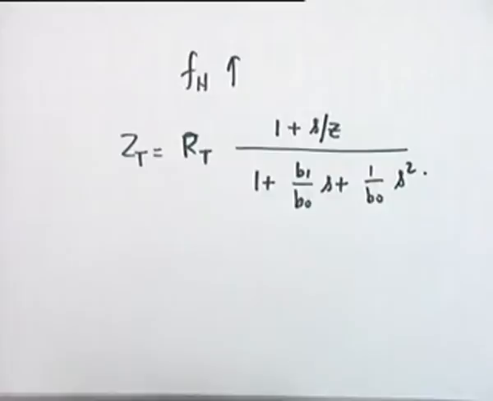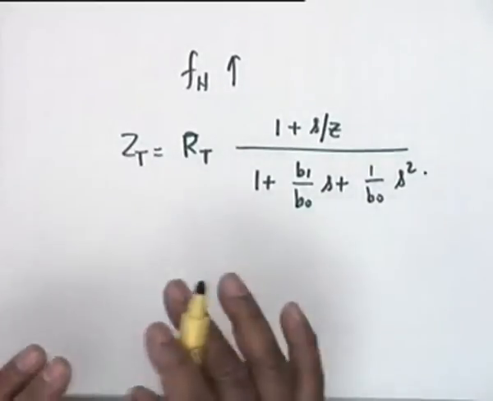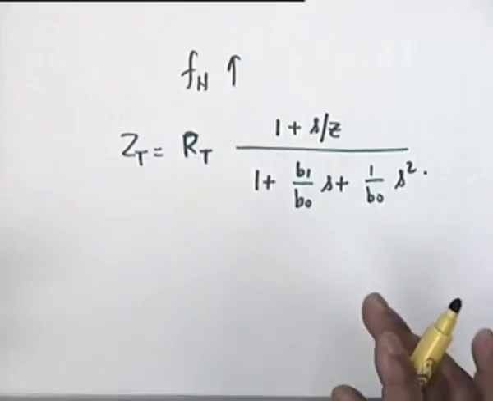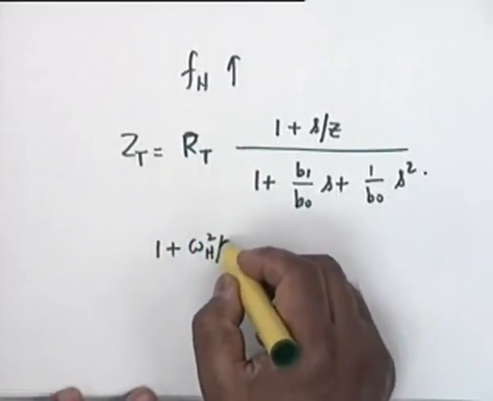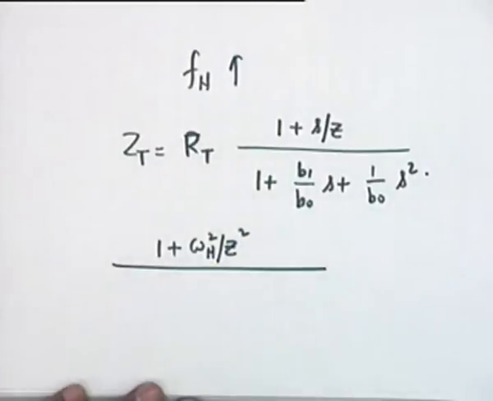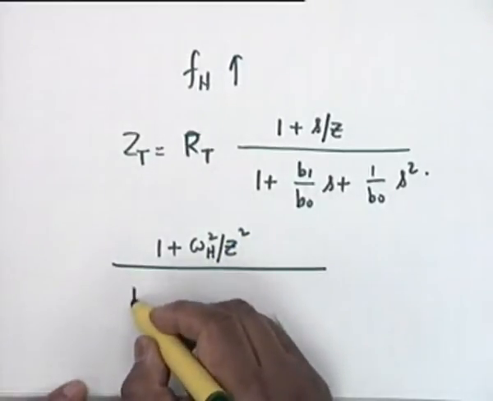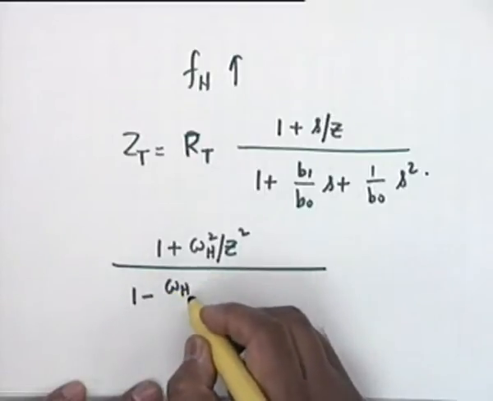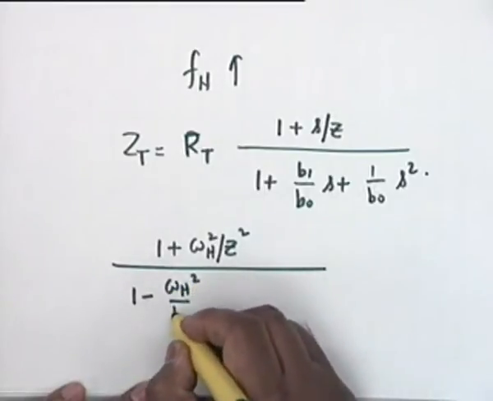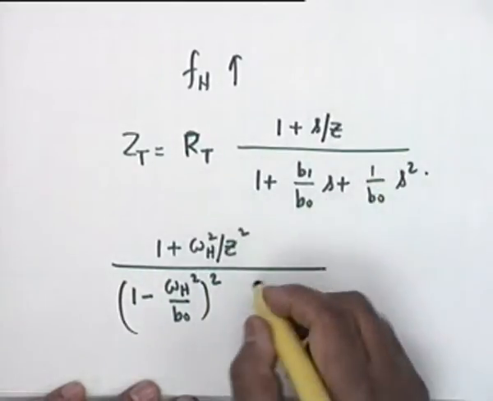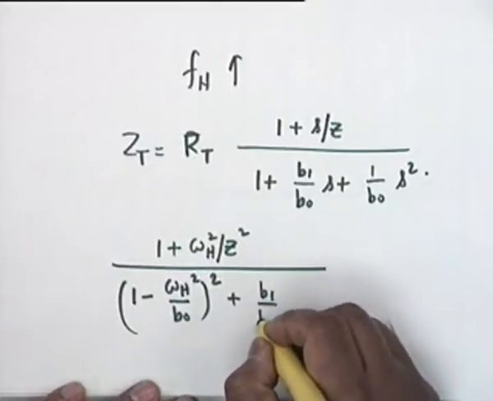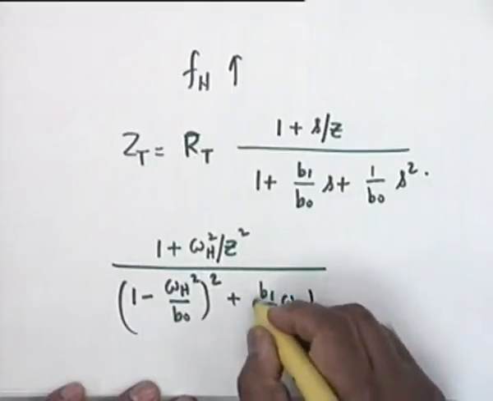Therefore omega H shall satisfy the equation. I don't have to write anything else, putting S equal to j omega, taking the real and imaginary parts. I can do it by inspection. You see, what will happen is 1 plus omega h squared by z squared, I am taking the magnitude squared, divided by 1 minus omega h squared divided by b0 whole squared, real part squared, plus b1 by b0 omega h whole squared.